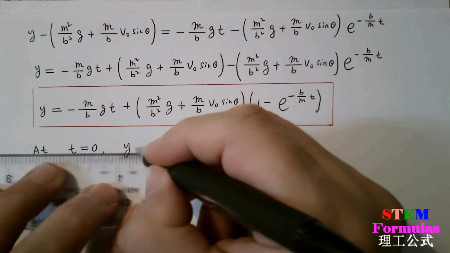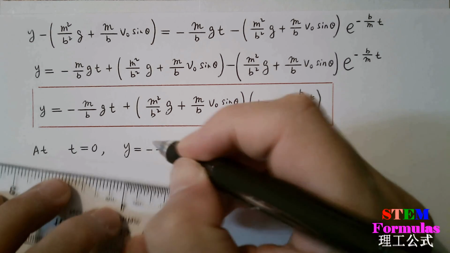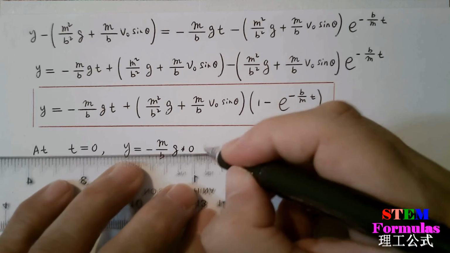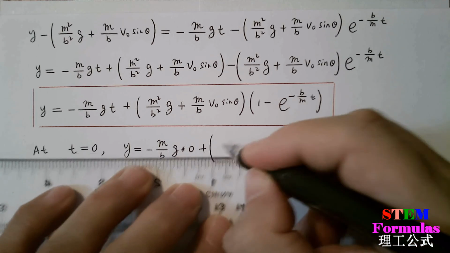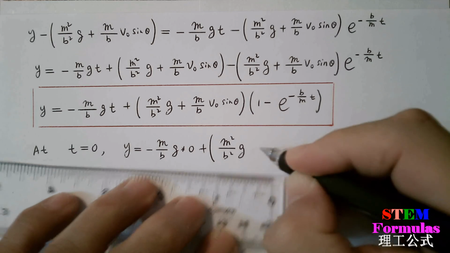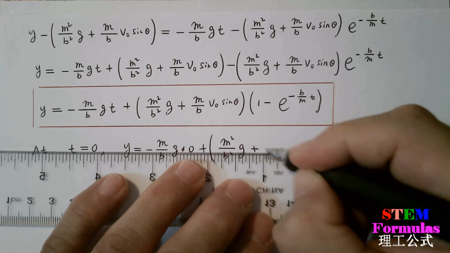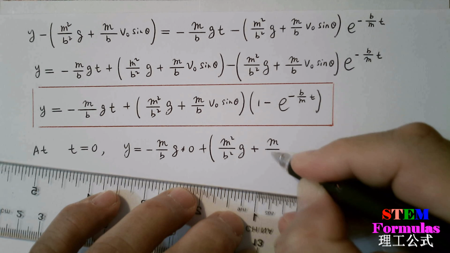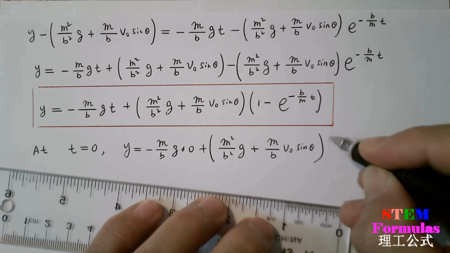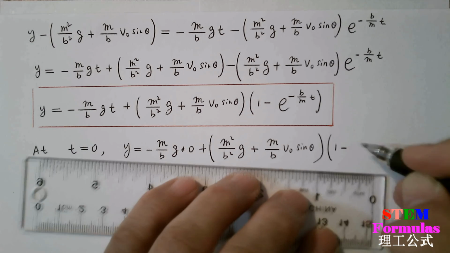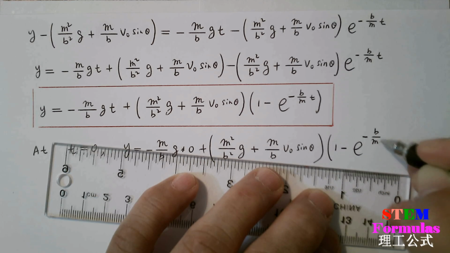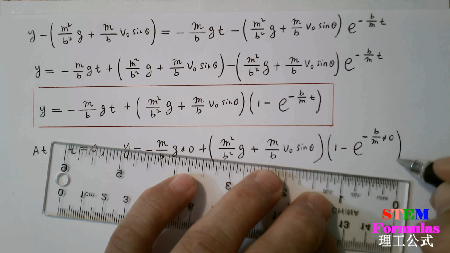So y equals minus m b g times 0 plus the second term, m square b square g plus m divided by b v0 sine theta, times 1 minus e to the minus b over m times 0.